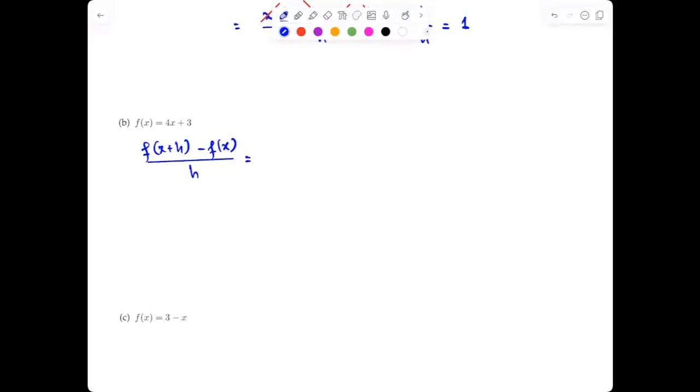So f of x plus h is 4 times x plus h plus 3, minus 4x plus 3, all together divided by h. Any questions?